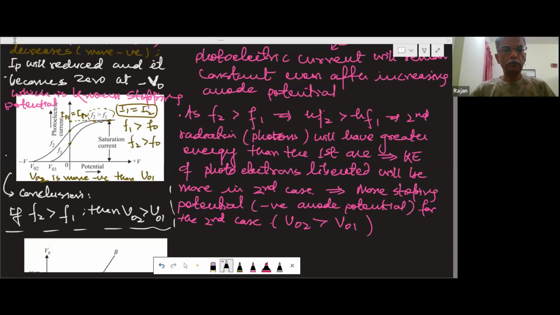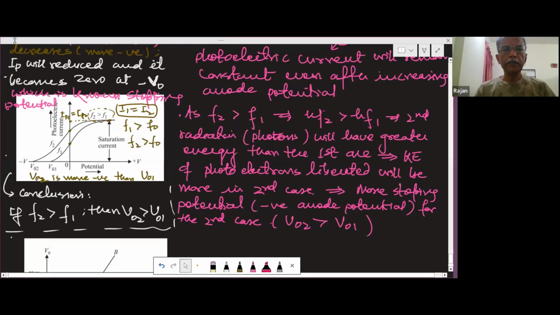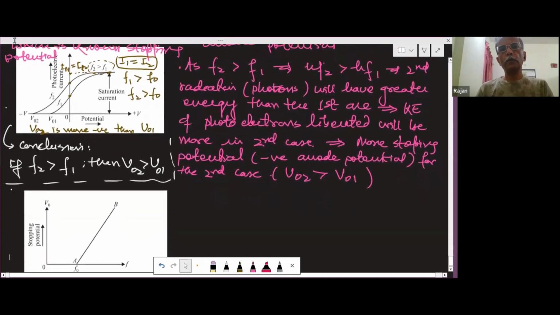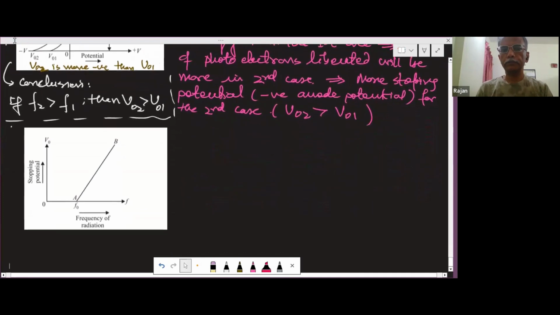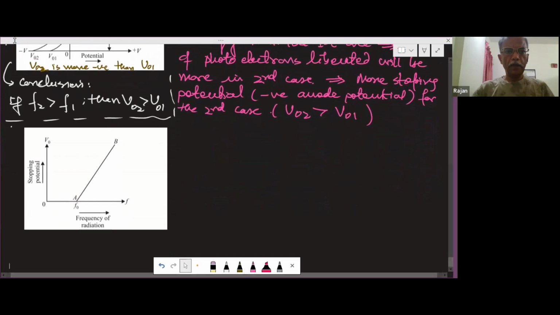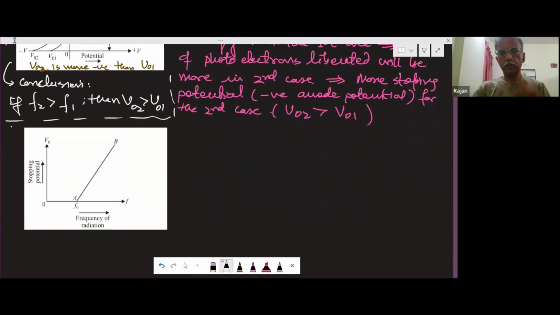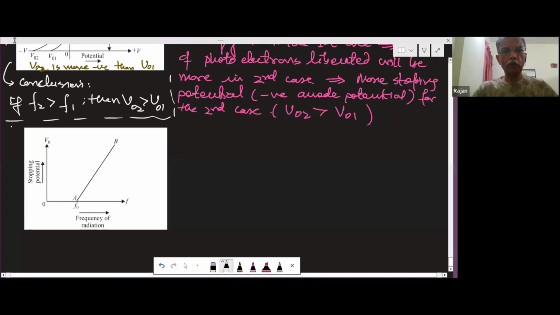We had seen that all these activities are possible only if F is greater than F0, yes or no? So the last figure, you check it. If the frequency of radiation is greater than F0, then only you are having the stopping potential. If you draw the stopping potential versus the frequency, after F0 only your stopping potential graph will go up.